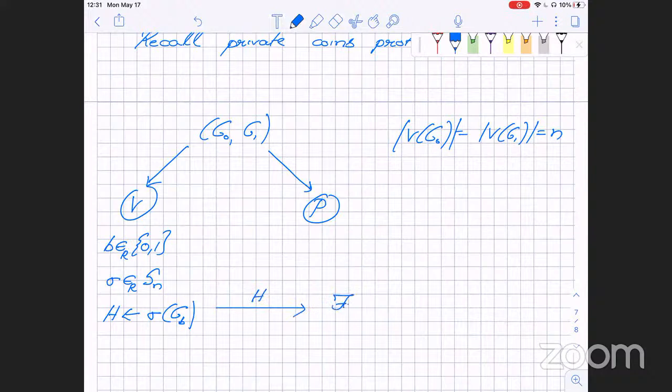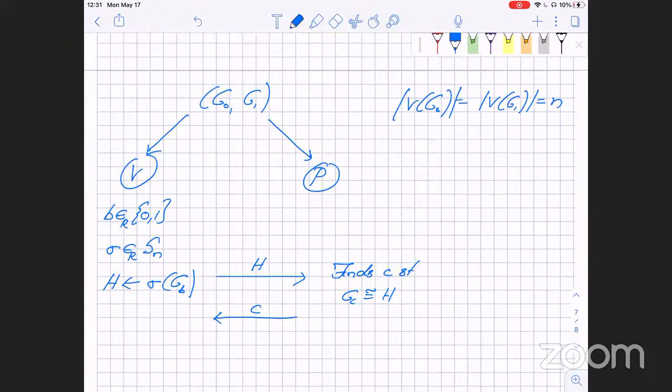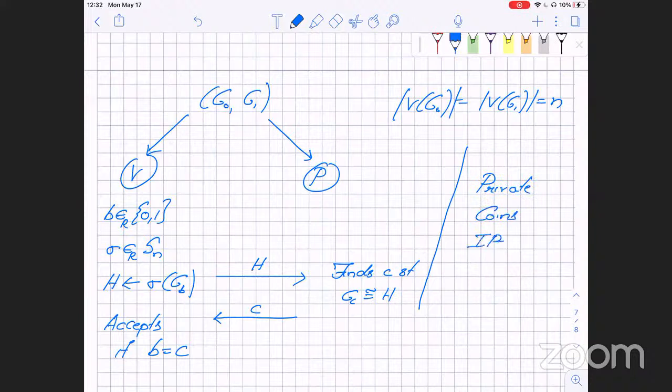The prover finds C such that GC is isomorphic to h, and sends C across. The verifier accepts if B equals C. Notice, and it is crucial, that this was a private coins protocol.